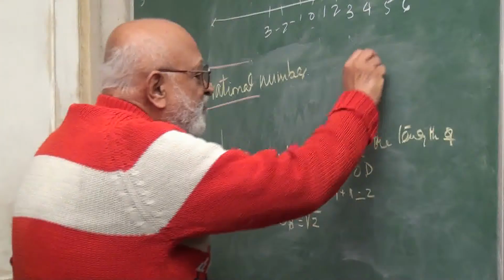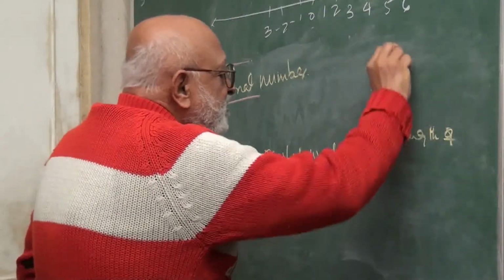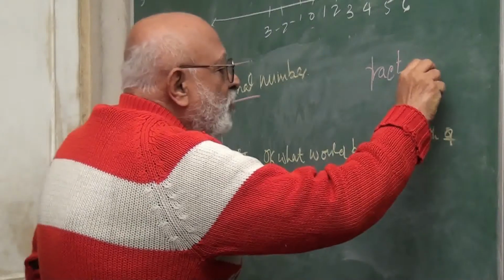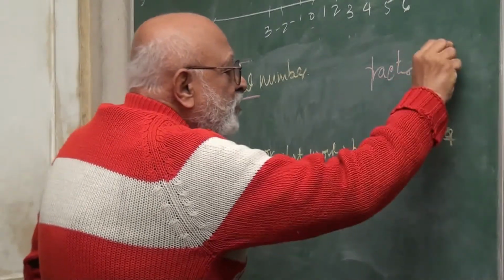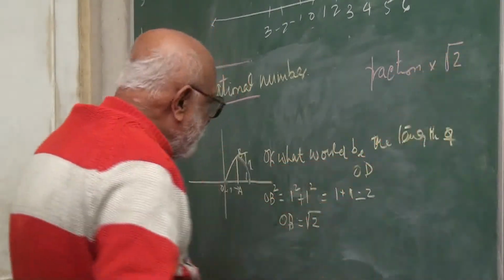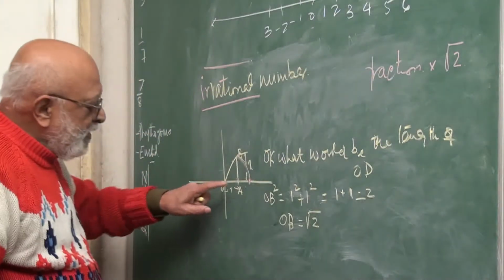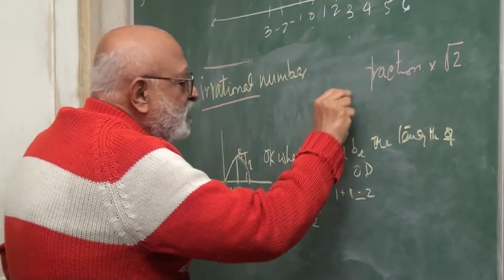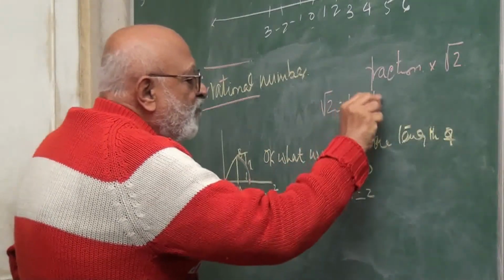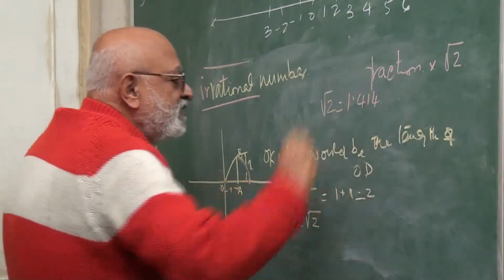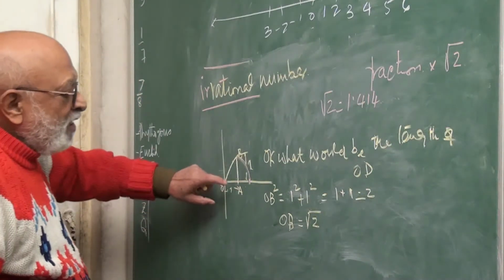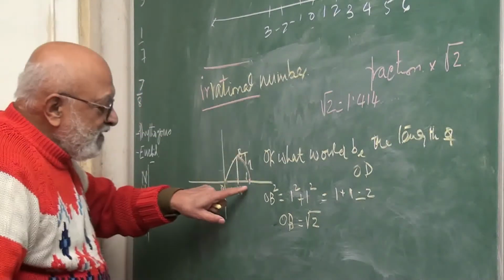So this is not a fraction. If you calculate the value of root 2, this becomes 1.414 and this keeps on recurring. But this is a number on the number line.